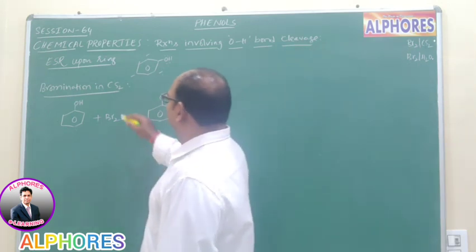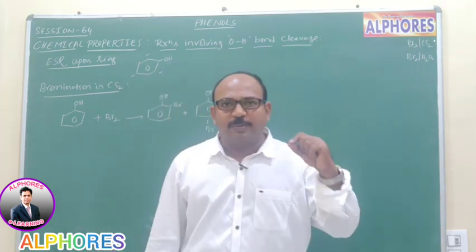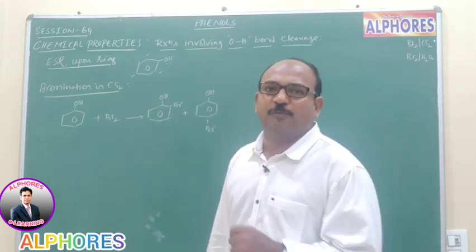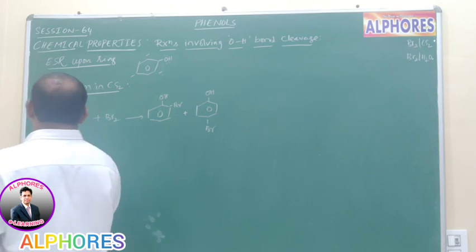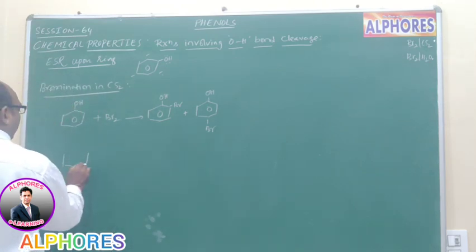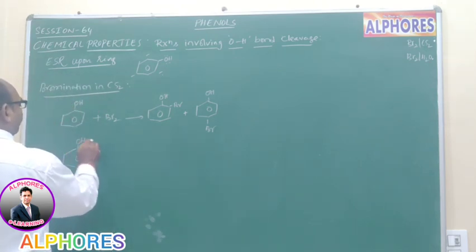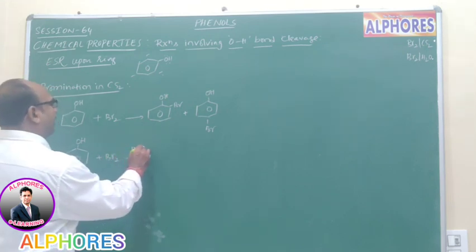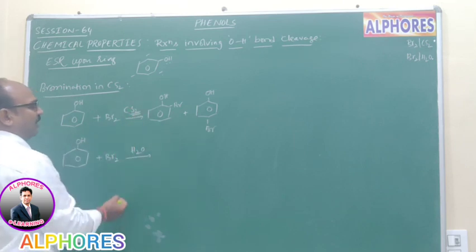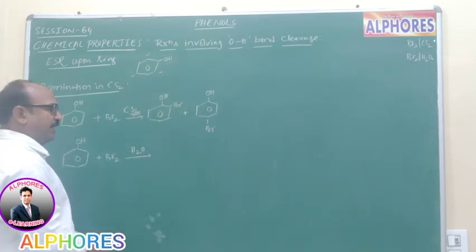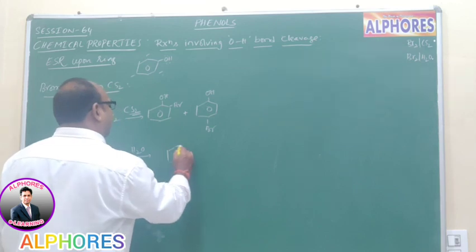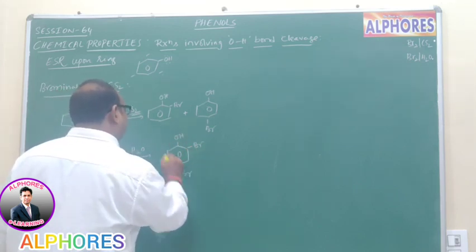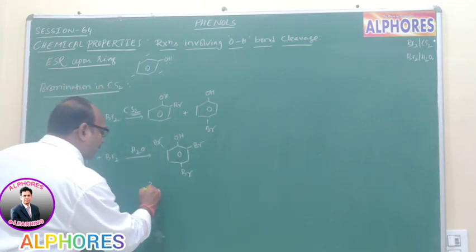But the same bromination, if performed in the presence of a polar solvent like water, that means phenol upon bromination in the presence of H2O, whereas earlier we used carbon disulfide and now we are using a polar solvent, in such a case we get 2,4,6-tribromophenol as the product.